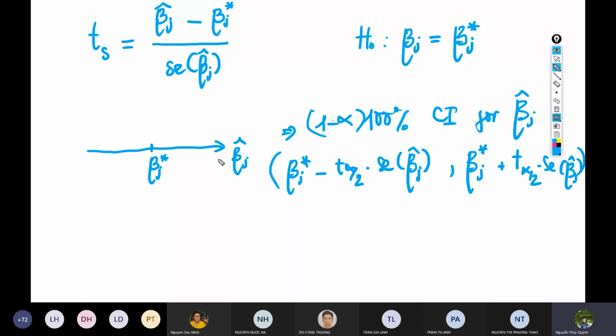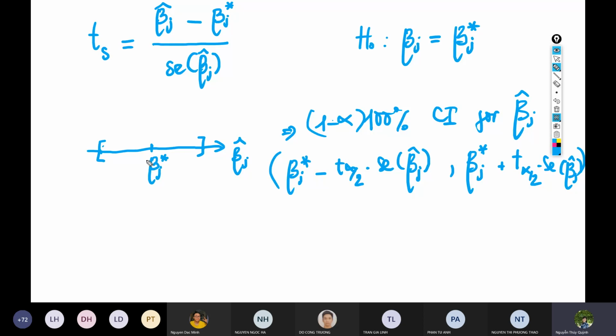We construct an interval around the mean, t alpha divided by 2 standard errors on either side of the mean. This will form a 1 minus alpha times 100% confidence interval for the observed value of beta j hat.